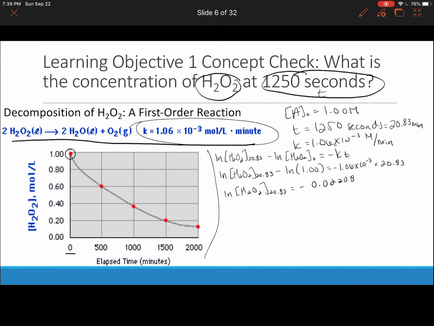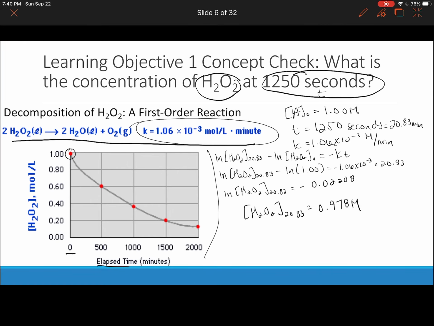As a note, ln of 1 gives us 0, so I just kind of canceled that out. And then when we take both sides to the e to get rid of our ln, or our natural log, we get H2O2 concentration equal to 0.978 molar.